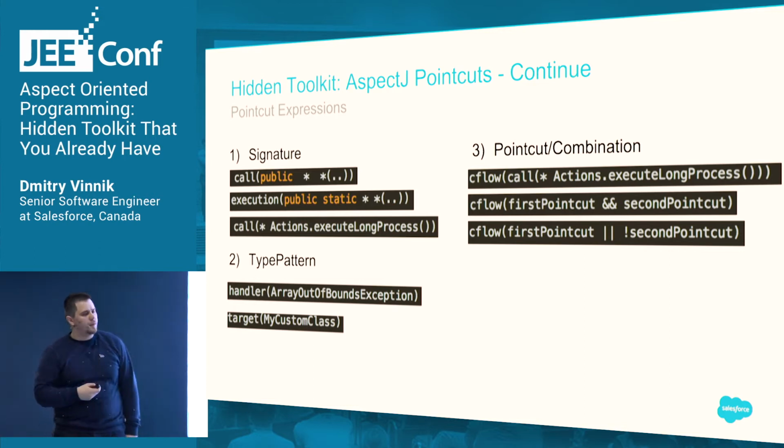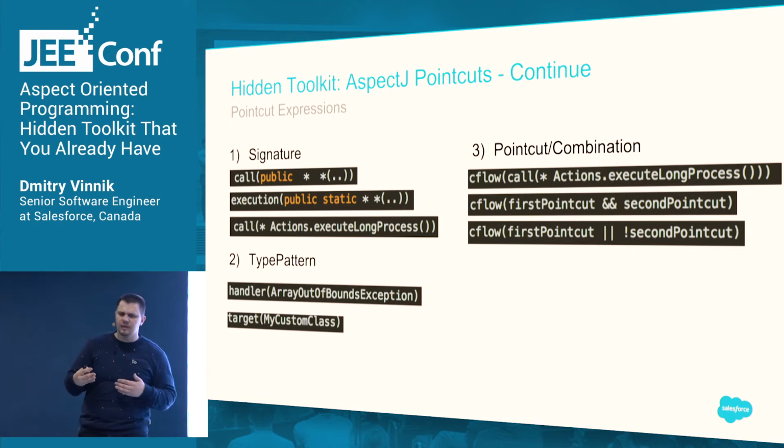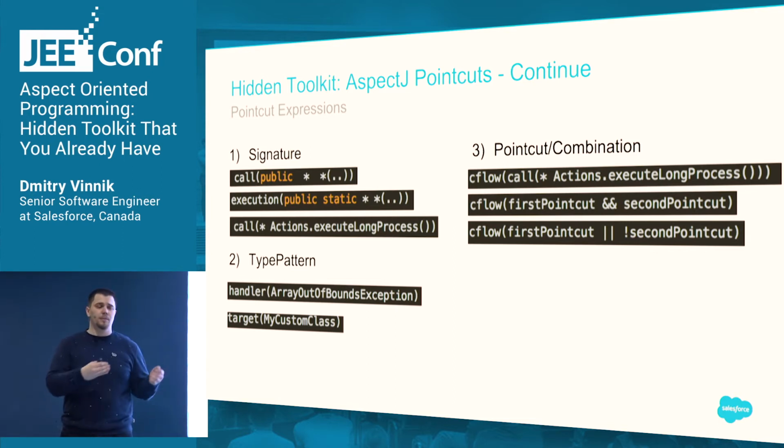And the last type is the pointcut and pointcut combination within the pointcut. So again, we are talking right now about expressions within the pointcut. You can have the inline definition, like cflow, which is actually a different type of pointcut. But imagine that call is a different pointcut you actually target inside. It's slightly over-complex to some extent.